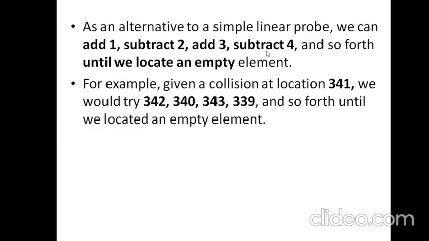If it fails again, then subtract 4. So we try multiple addresses, and the point is we don't try adjacent addresses, we try scattered addresses. The resulting address might be better in terms of primary clustering, and we also have a better chance of finding a new address.